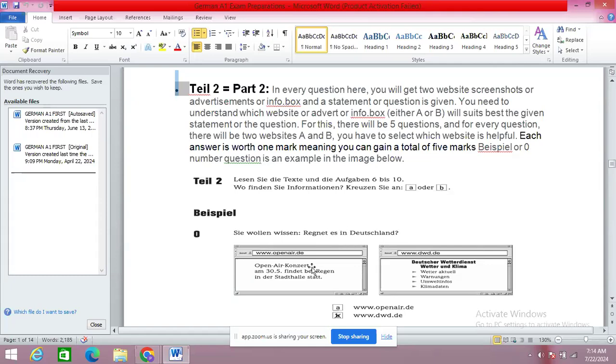We need to find out whether this box holds the information for this question or that box does, and then mark the appropriate answer accordingly. Again, in this Teil Zwei, there will be 5 questions.